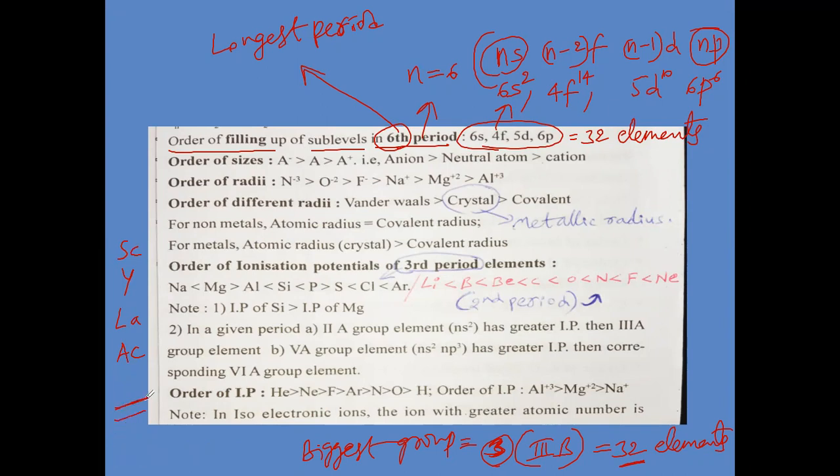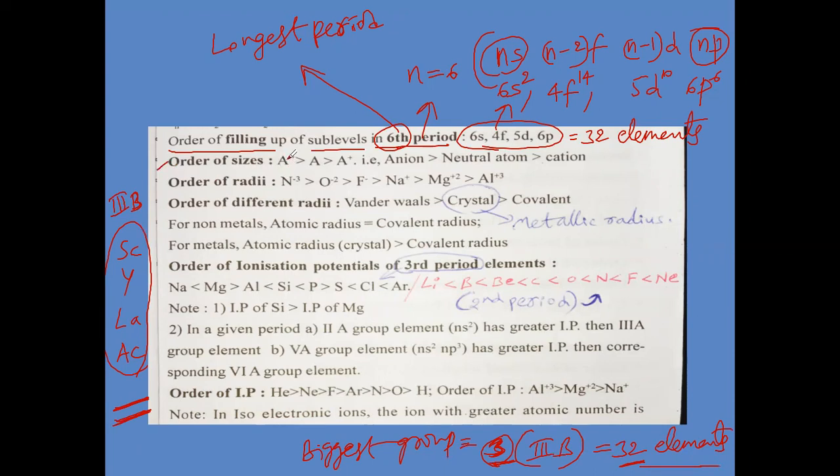At the bottom of the table, 14 each. 14 lanthanoids, 14 actinoids. 14 plus 14, 28. 28 plus these 4, which are Roman number 3B. So these 4 elements plus 14 plus 14, totally 32 elements. Okay. Biggest group is 3, and longest period is the 6th period.